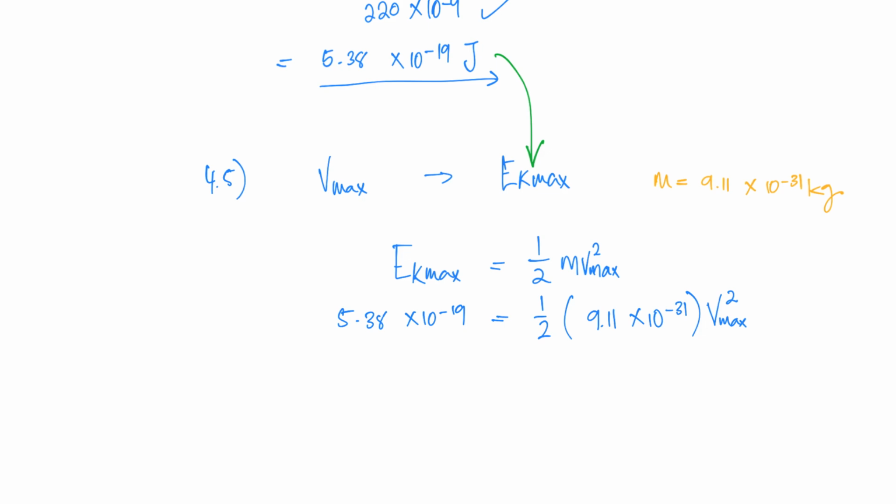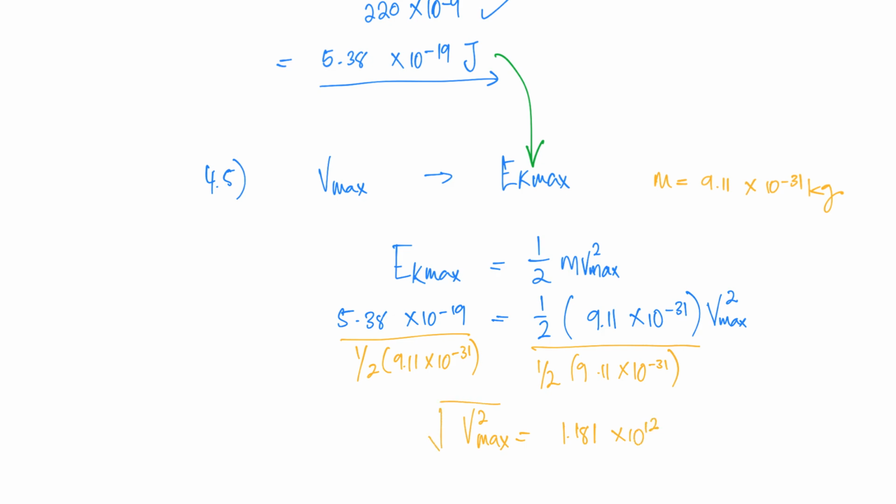Once I have that, all I need to do is get V max squared by itself. So I divide both sides by a half of 9.11 times 10 to the power of negative 31. Then V max squared is equal to 1.181 times 10 to the power of 12.